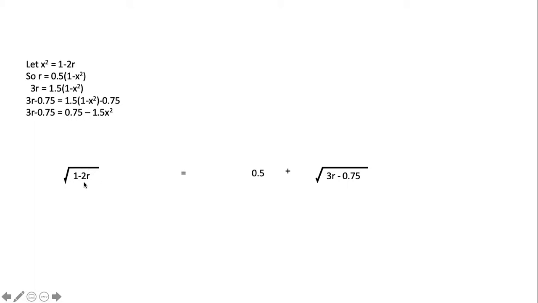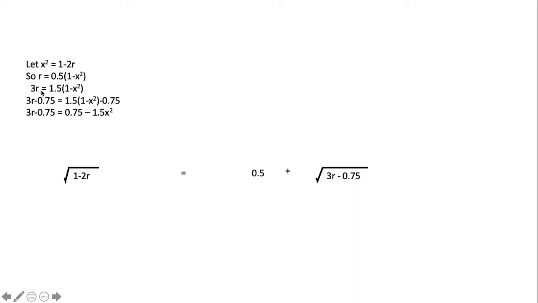So it's a kind of transformation I've done. So following the algebra through on this, if x squared is 1 minus 2r, then by adding 2r to both sides and subtracting x squared from both sides and dividing both sides by 2, that rearranges into r equals 0.5 times 1 minus x squared.